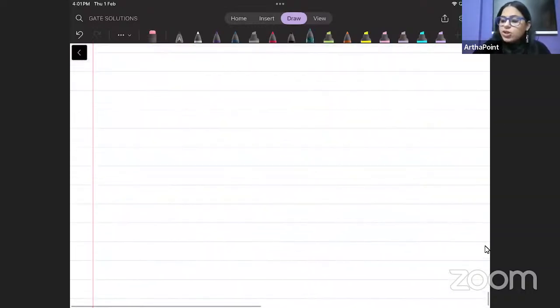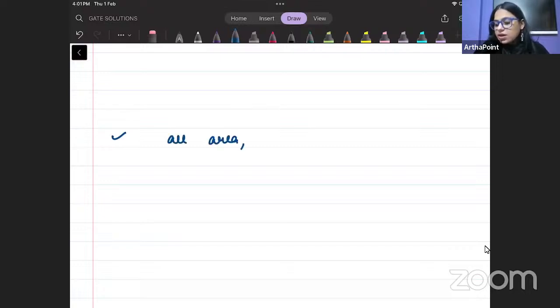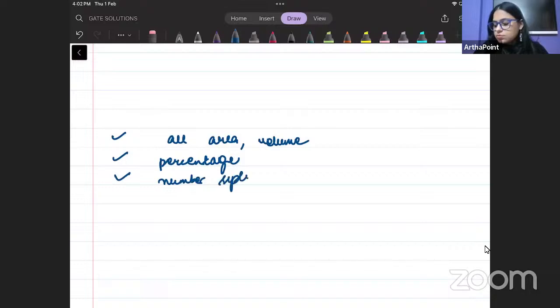Okay. So what you need to do for today, beta, is revise all questions related to area and volume. You will do all questions related to percentage, right, beta? You will do all questions related to number system. You will do all kinds of questions related to time, and related to trains or distance.